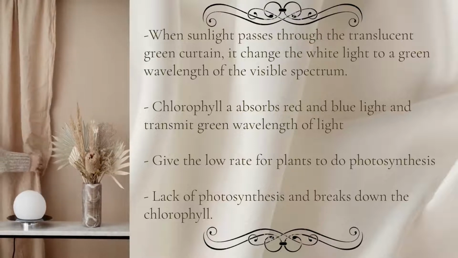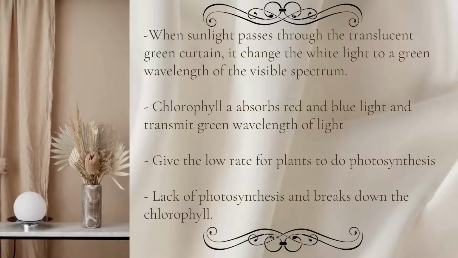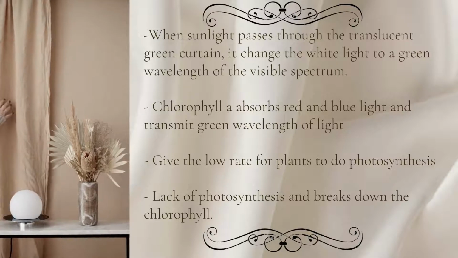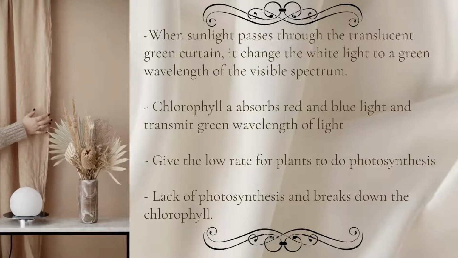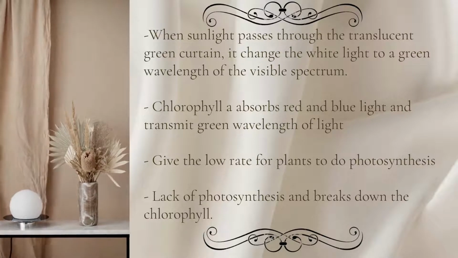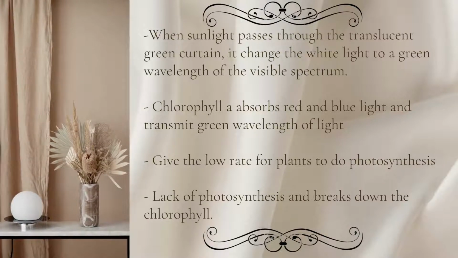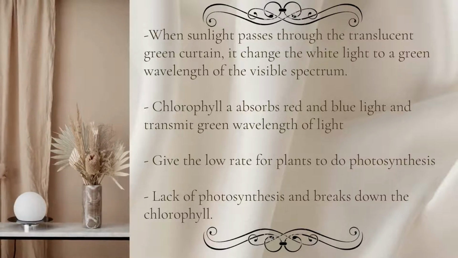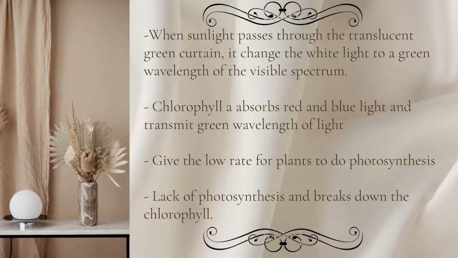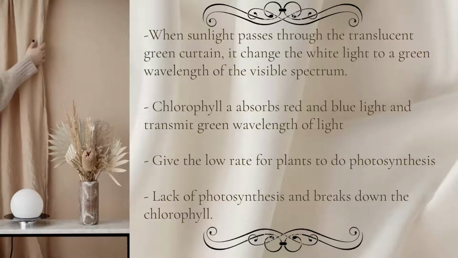Plants use sunlight to make energy during the process known as photosynthesis. Chlorophyll absorbs red and blue wavelengths of light, but transmits green wavelengths of light because green light is less effective.